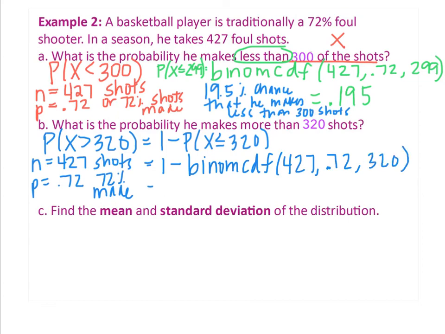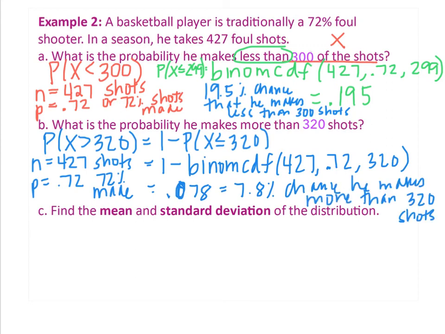And when I do that, I get 0.07838. So we can round it to those 3 decimal places, 0.078 or 7.8% chance he makes more than 320. So make sure you have these 2 examples down. These are really great examples.